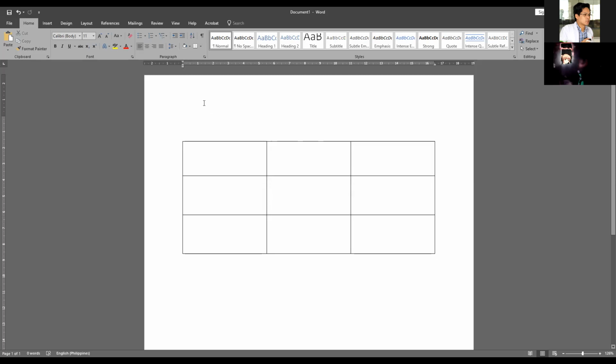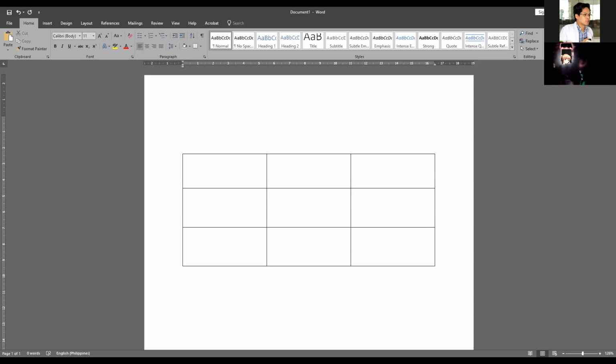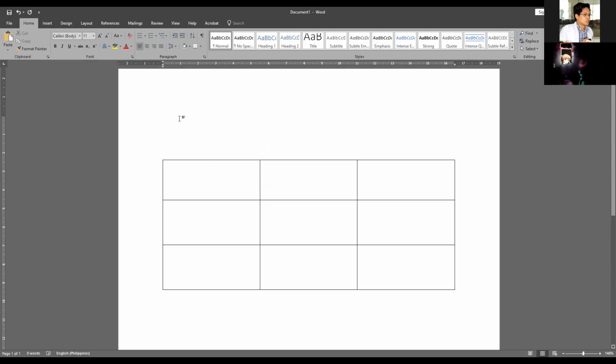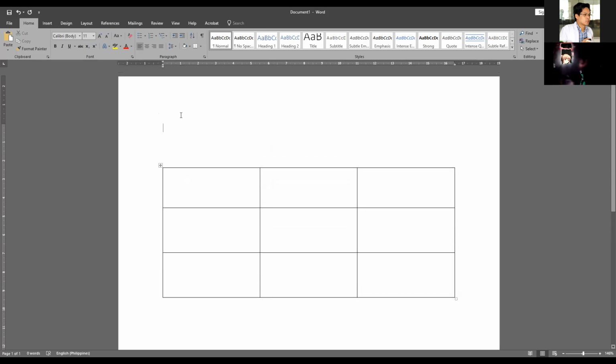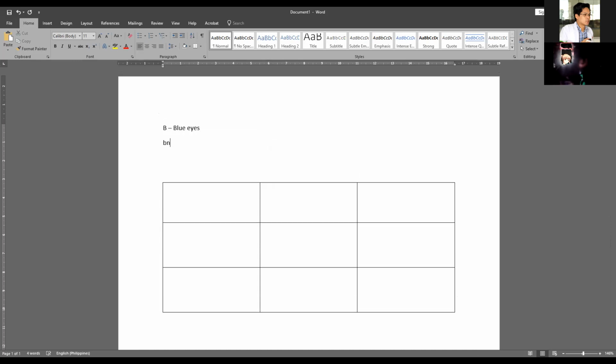So what if we have an allele for blue eyes, which is dominant over the brown eyes.